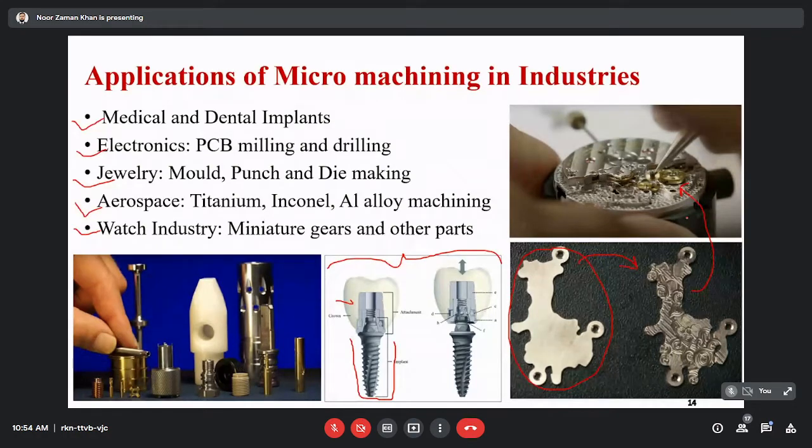If you see the small parts, miniaturized gears, different screws of smaller size, you'll be able to understand the size of the parts and components used in your wristwatch. These may all be of micron size, which require micro machining in order to produce these parts or components.